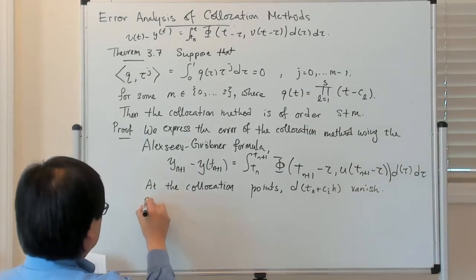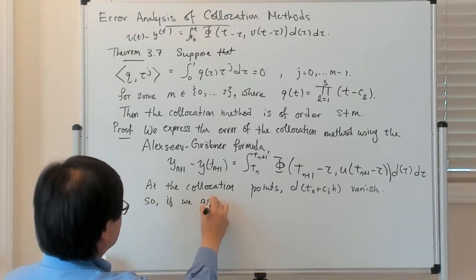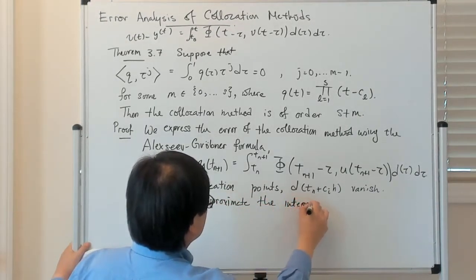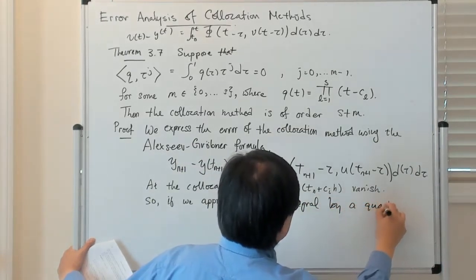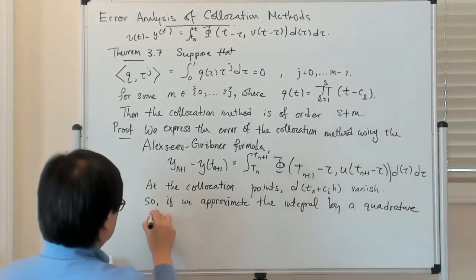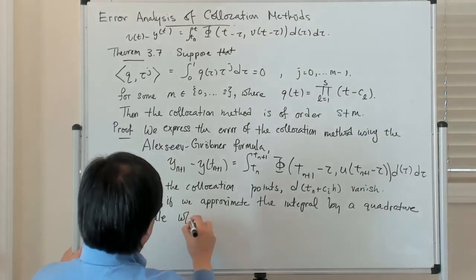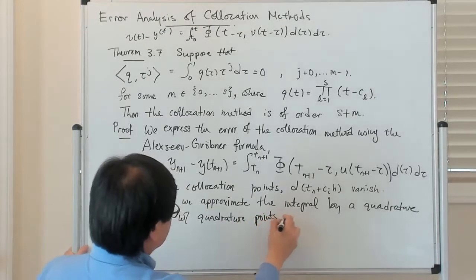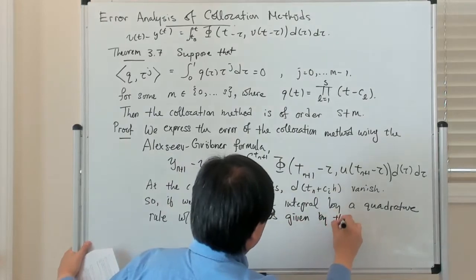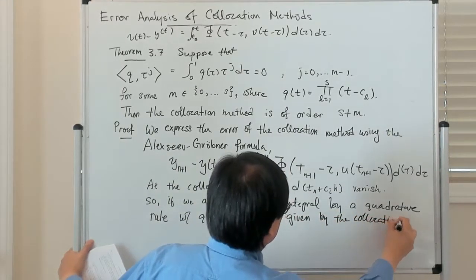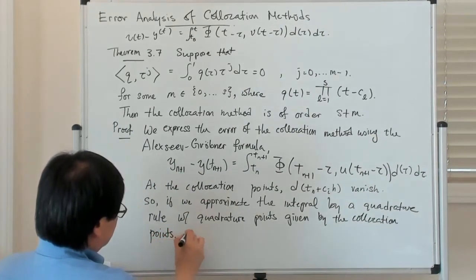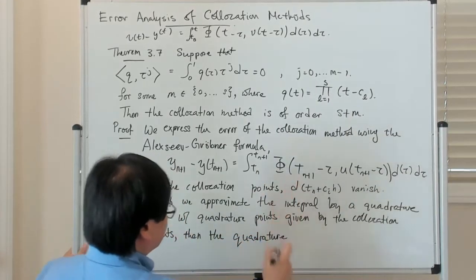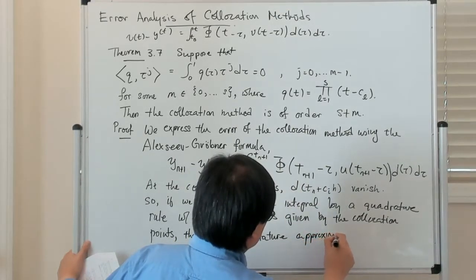Okay, and so if we approximate the integral by a quadrature rule with quadrature points given by the collocation points, then the quadrature approximation of the integral is 0.